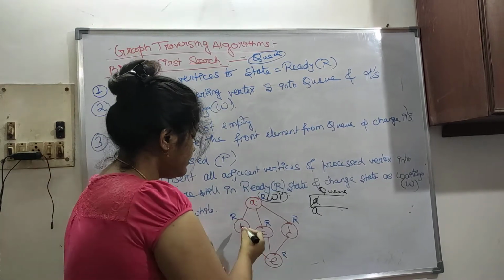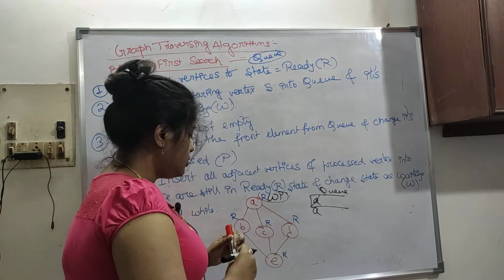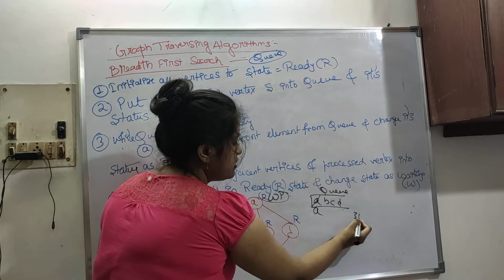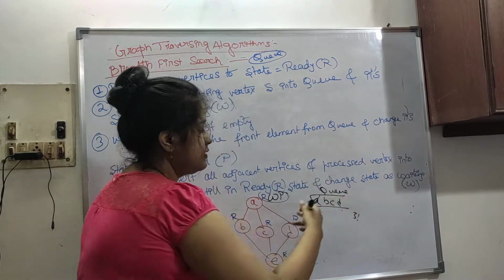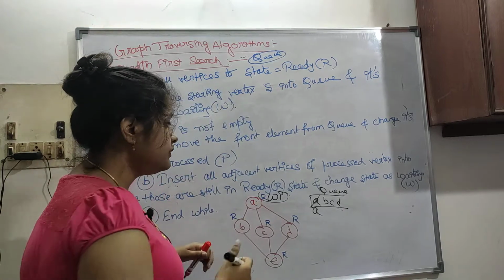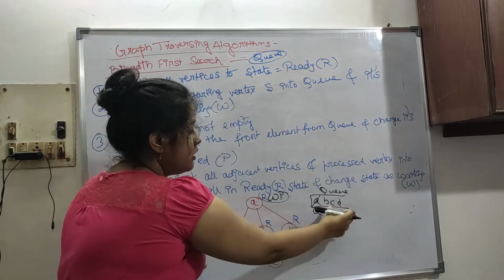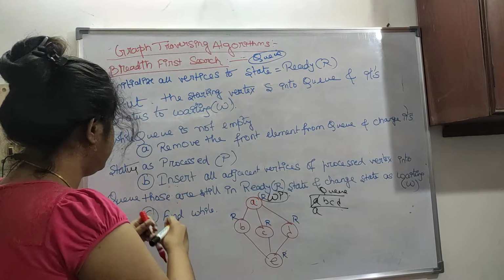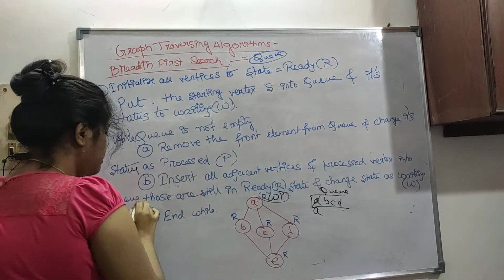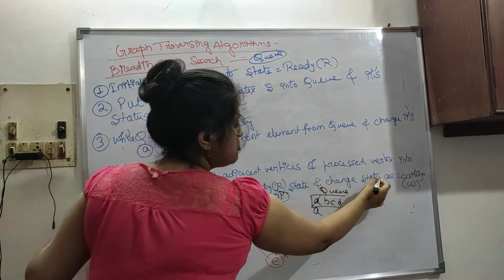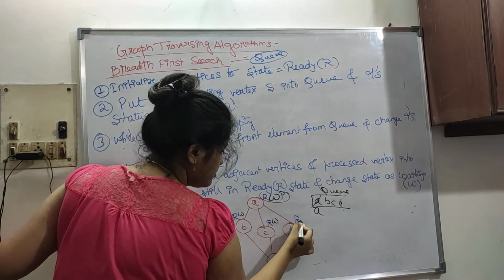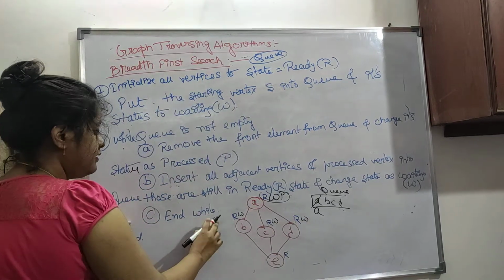In any order B, C, D can come, there are 3 factorial ways. Then we change their state to waiting. Now end the while loop.